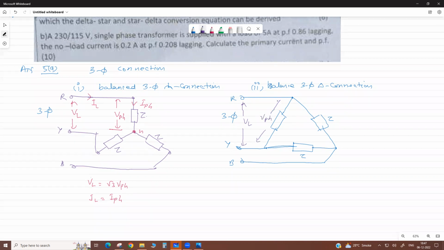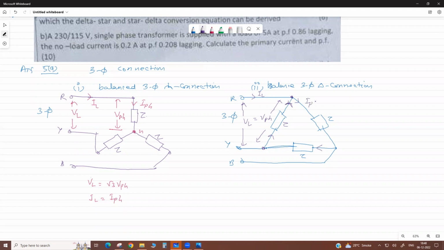If we measure potential here or here, it is the same. But if we talk about current, here it is a line current, but when it comes here, it divides.